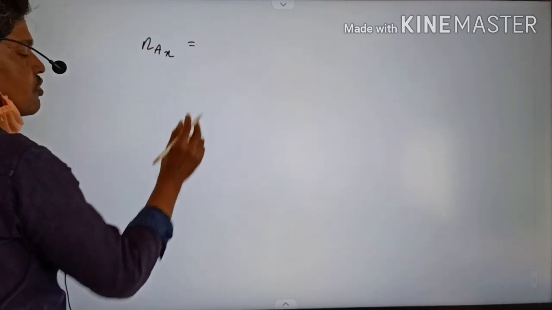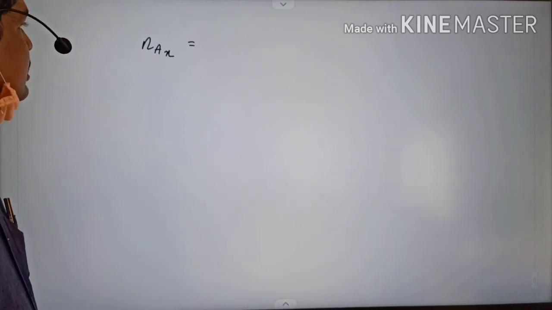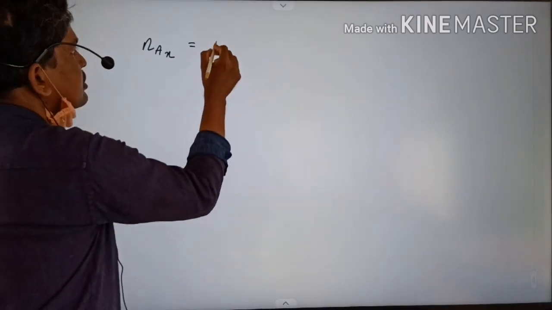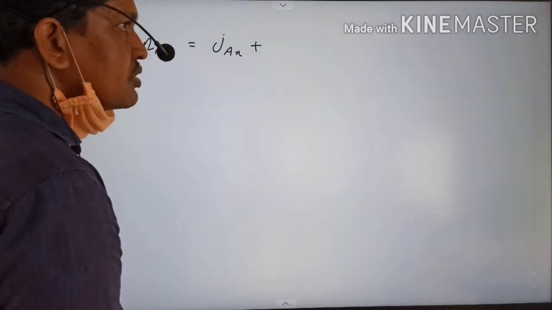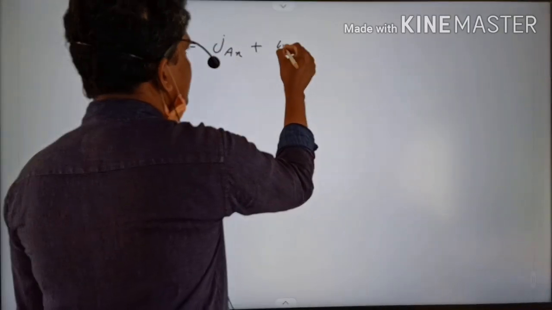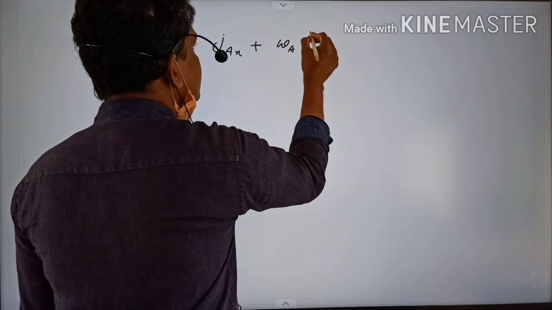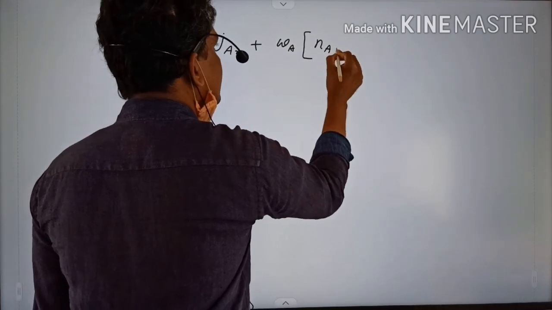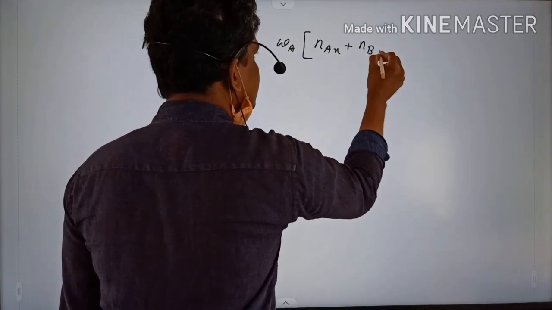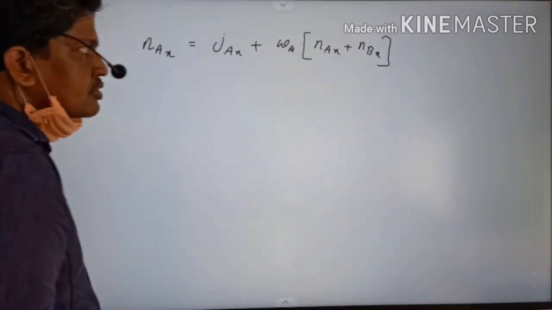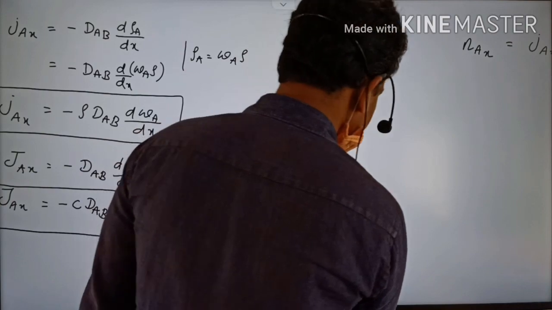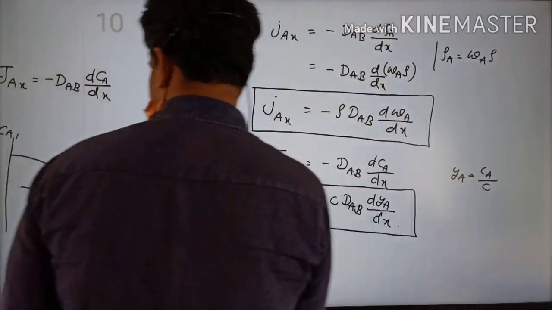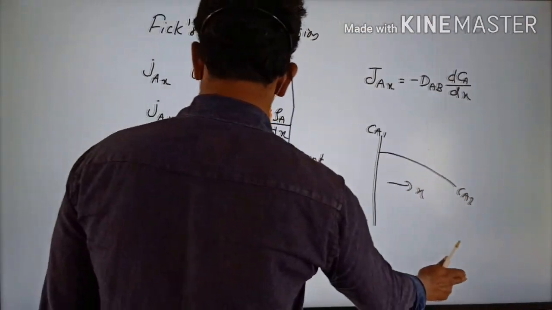Now, the total mass flux of A in x direction, NAx, is equal to Jx plus WA into NAx plus NBx.